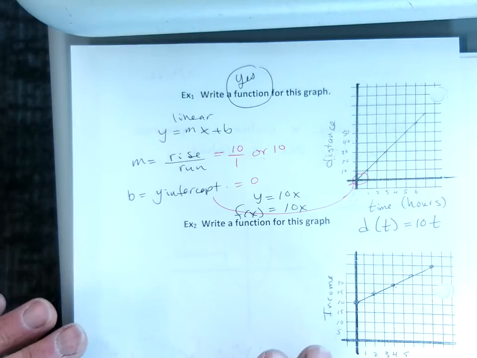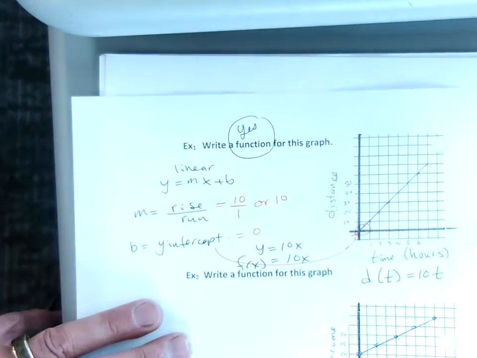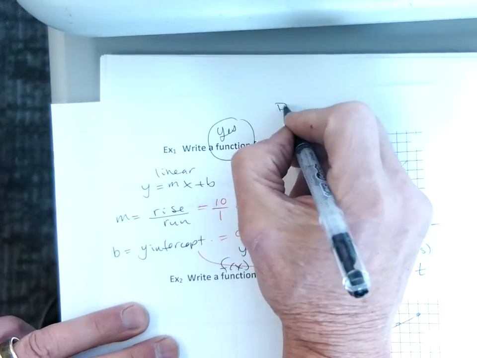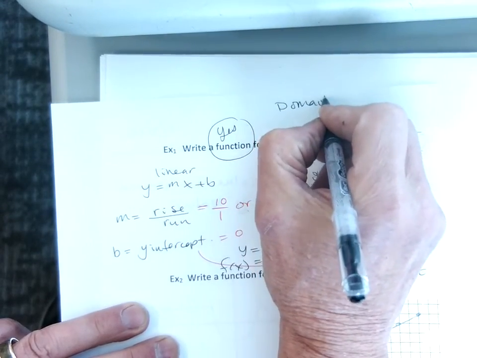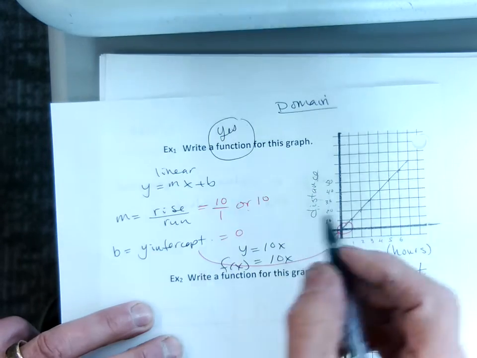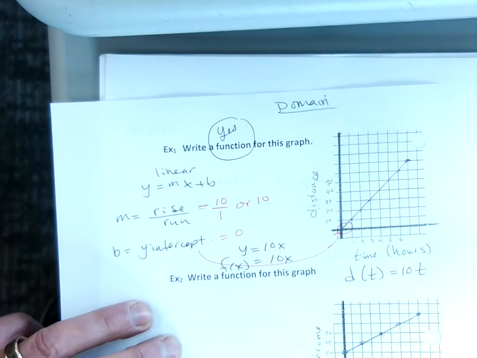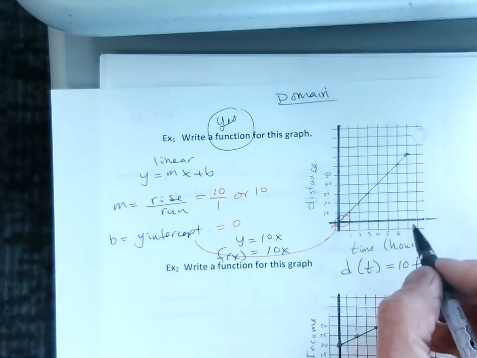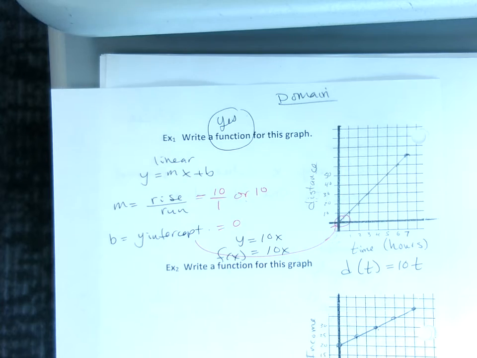Okay, let's add 2 things to this. I'll wait for you to get caught up. 2 things. Domain. What do we know about domain? Seems like it stops right there, doesn't it? So we're taking a road trip. Oh, Lordy, we've driven for 7 hours.